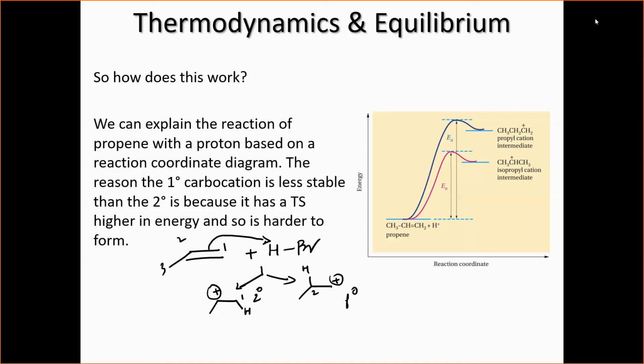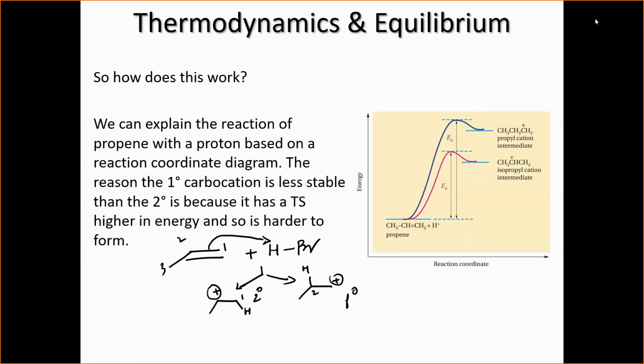You remember the word. It starts with the letter H. It's hyperconjugation. This is the third time I'm saying it. With hyperconjugation, the secondary carbocation is more stable than the primary carbocation.